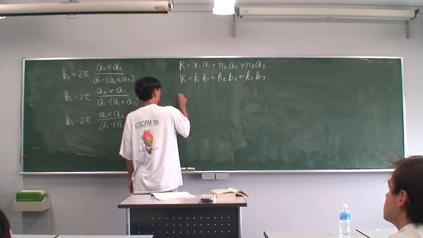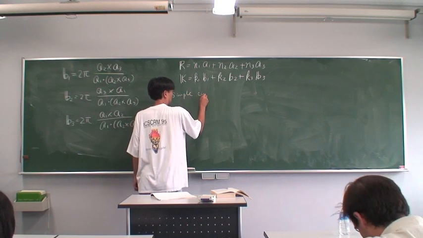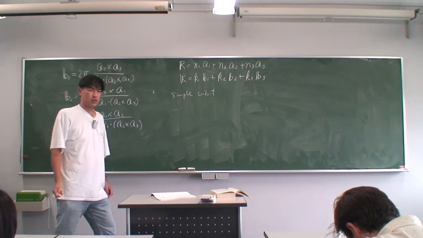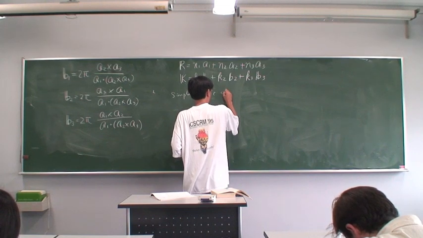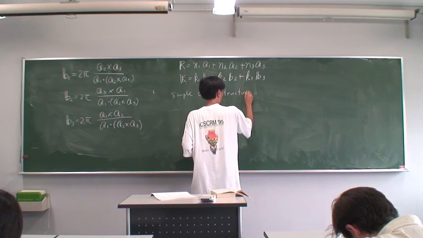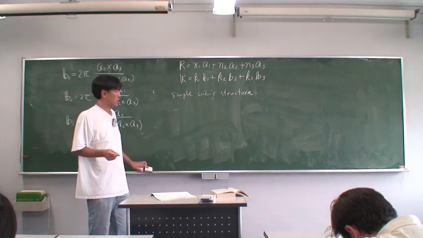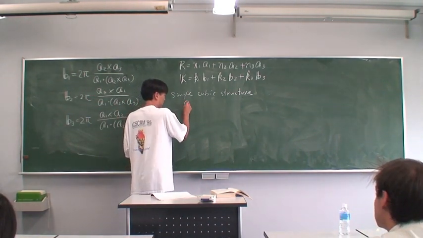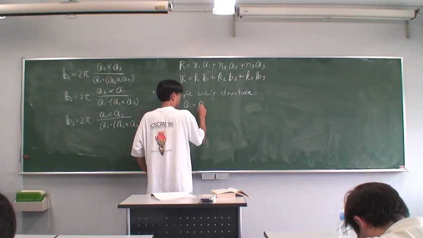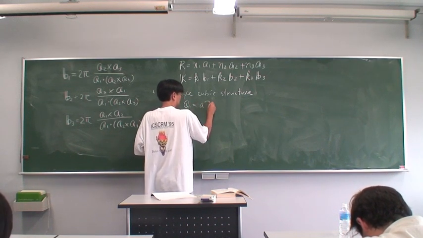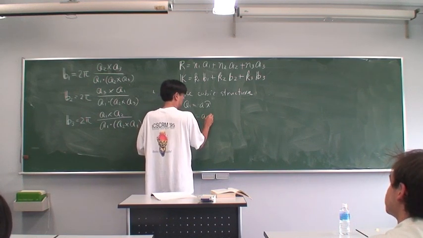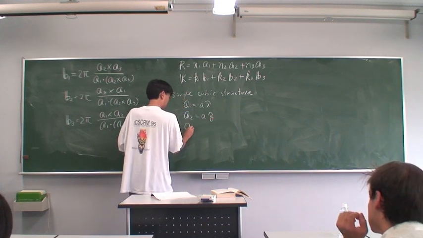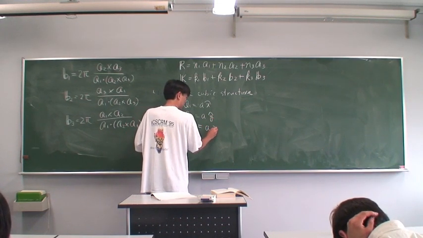So for simple cubic? Simple cubic structure. We know A1 is A x, A2 is A y, A3 is A z.